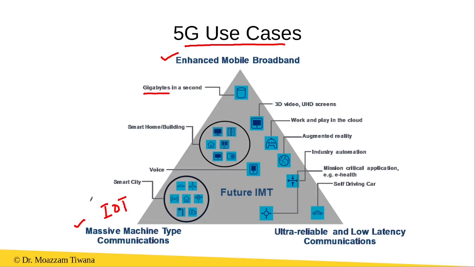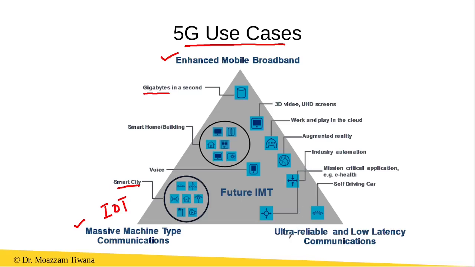You can have up to 1 million connected devices per square kilometer. Now, one application of the massive machine type communication is the smart city, in which the devices in a city are connected to the internet through the 5G, and these devices are being monitored using the internet.